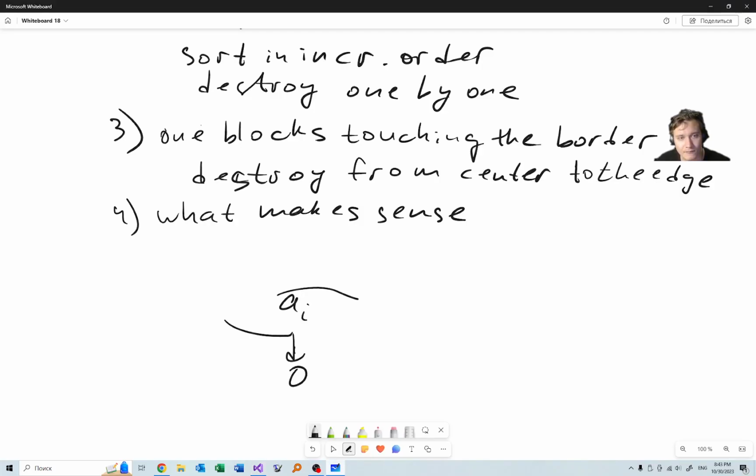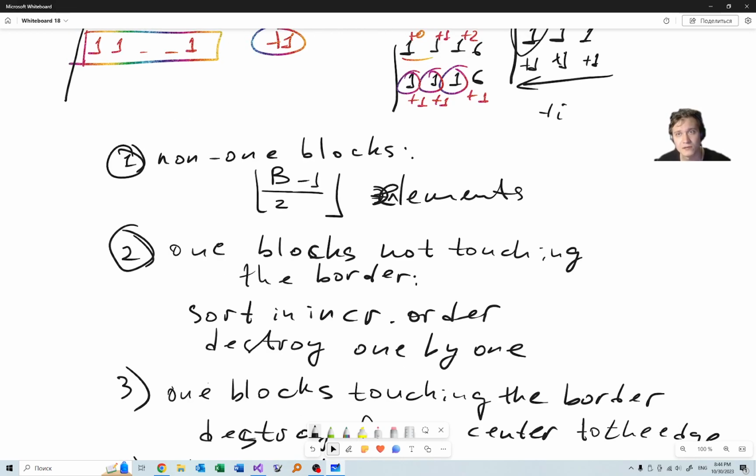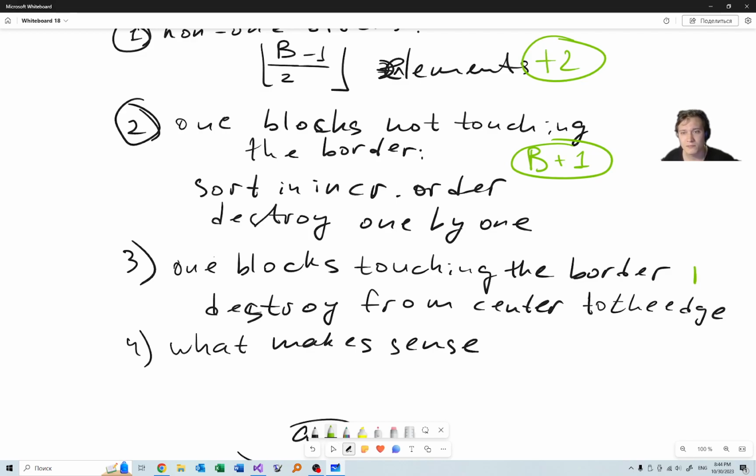Okay? Actually, you could, during all of this process, maintain your answer. For example, this always gives you +2. This always gives you +2. Here it always gives you size of block +1. It always gives you size of block. Also, there is some sort of corner case when all elements are ones.